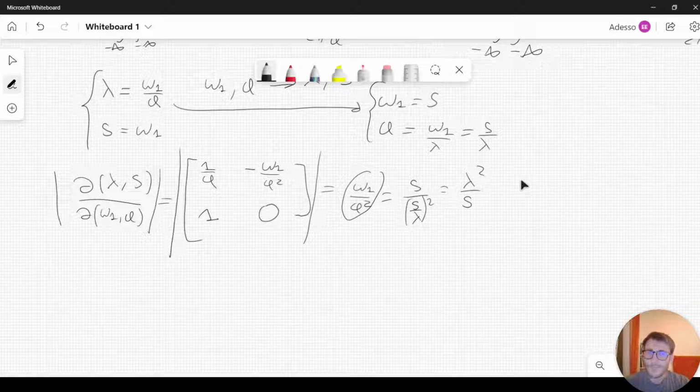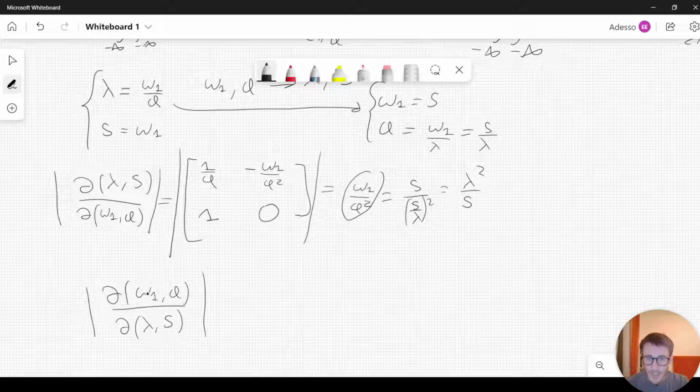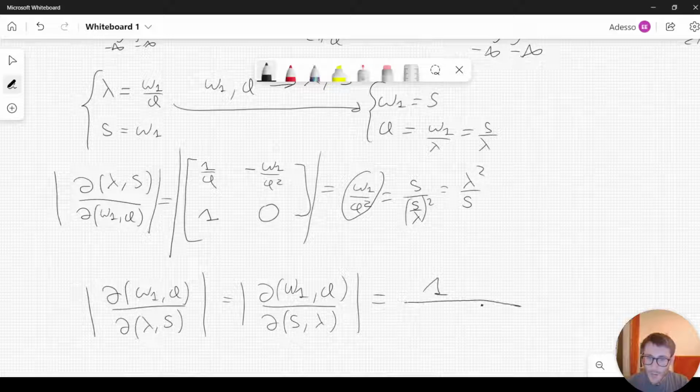And from multivariable calculus, the determinant of this matrix will be equal to the determinant of the transpose. So if I swap the order between s and lambda, I will get the same result. And you can check that this is equal to 1 over the determinant that we have here.